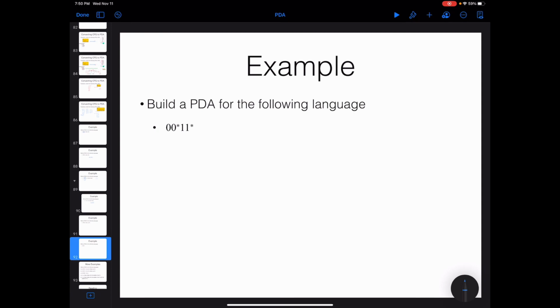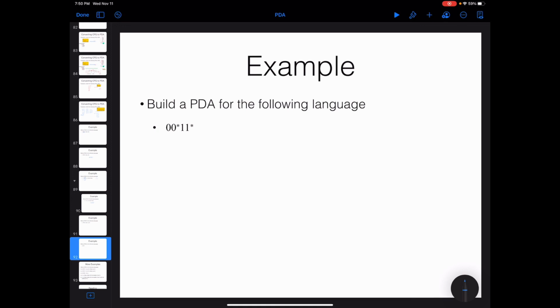How about this one? Can we create a pushdown automata for this? You can see that this language is a regular language. This is not even as hard as the context-free languages. So basically, you don't need a stack.